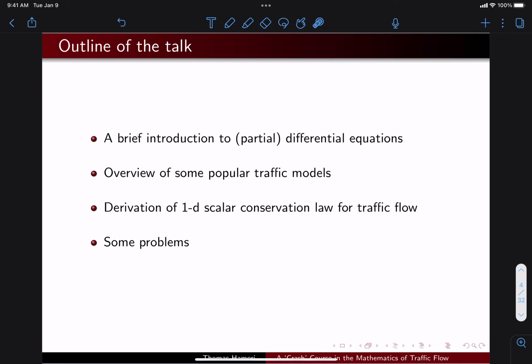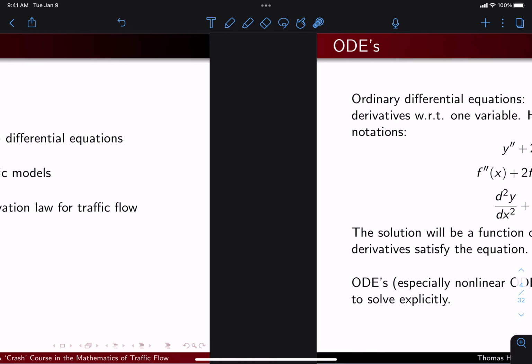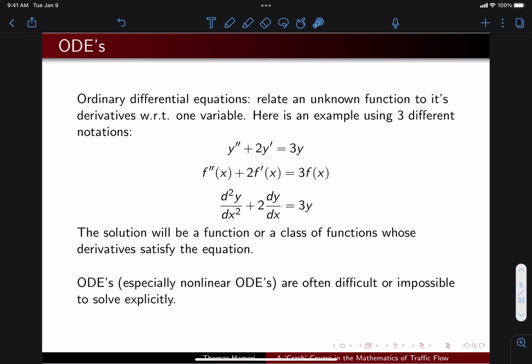Like I said, I'm not going to get super nitty-gritty with the analysis, but if you want to talk about it afterwards, I'm happy to. After that, I'm going to talk about some of the problems that mathematicians face when modeling traffic flow using fluid dynamics.